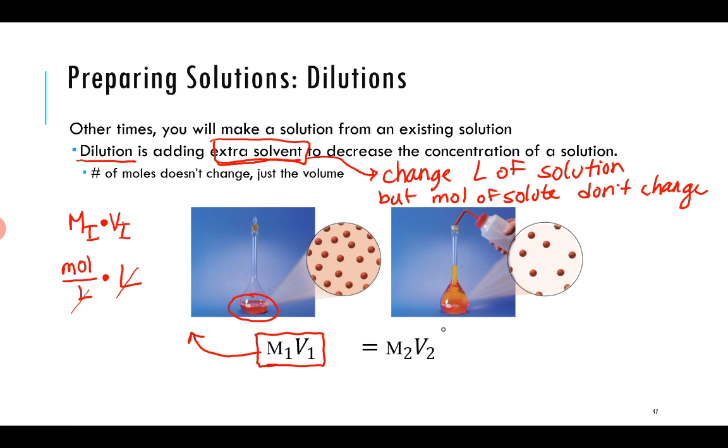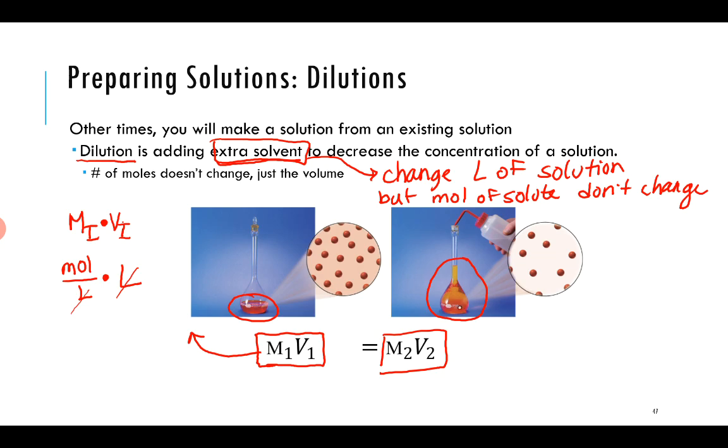Now, I know that moles doesn't change. So over here in this container, I have the same number of moles of solute, and I have to figure out what its new concentration is or what volume it is now. When we're doing practice problems, you're going to be given 3 out of 4 of the numbers, and then you have to solve for the missing number.